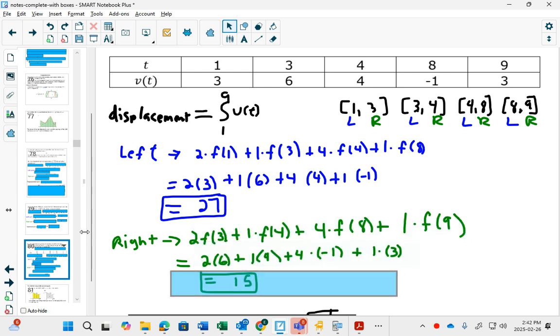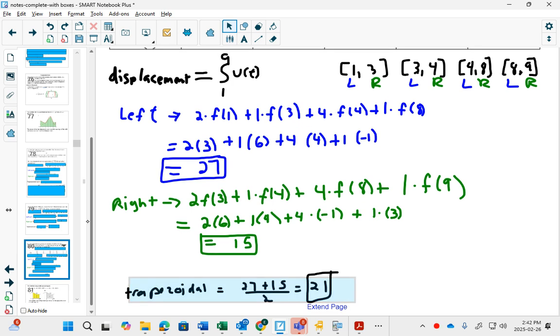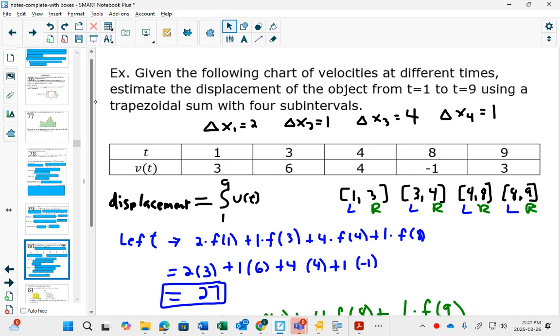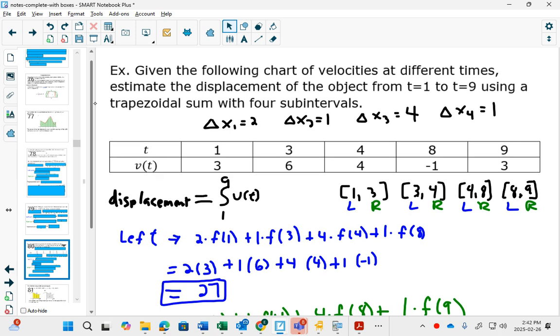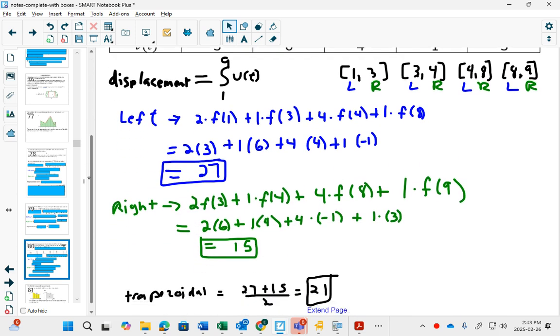Plugging in our right values, we get a right sum of 15. So our trapezoid sum, the best estimate that we can do, is that based on those velocities at those times, it has traveled about 21. What are the units? Does it give us units in this one? No. So we can't even put units.